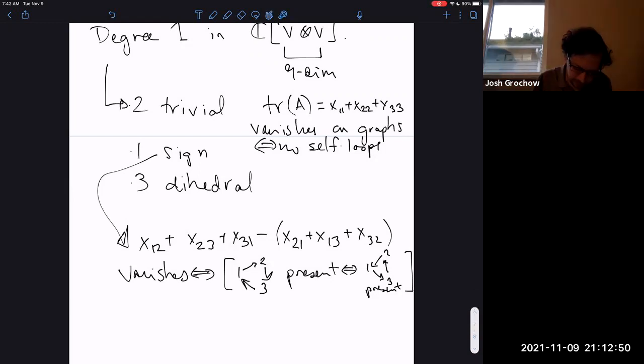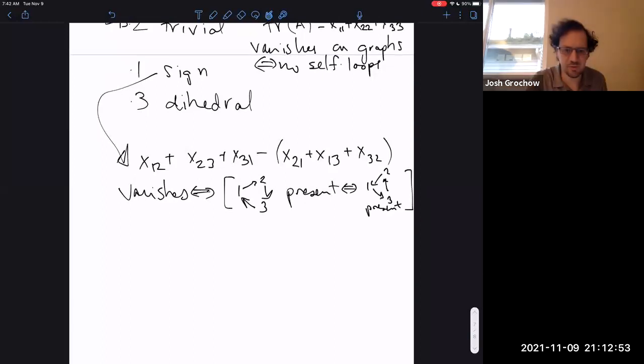Okay, and now let's do the dihedral ones, and we'll see even more, because these have more than one polynomial that spans them. Here they get a bit more complicated, and it actually took some time because it's harder to calculate the decomposition. But let me just tell you what they are.